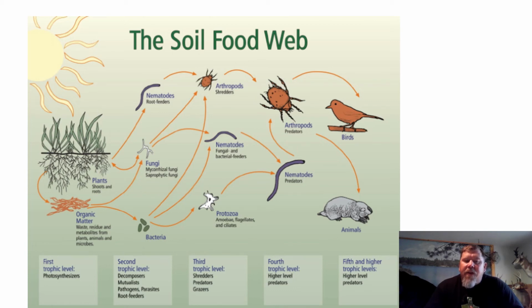When we get into the third trophic level, now we're starting to get into the nuts and bolts of the system. Our third trophic level has our shredders, which is taking that plant material and breaking it down into smaller pieces that's easier for the second trophic level to decompose. But it's also the level that we start to see the first predators.